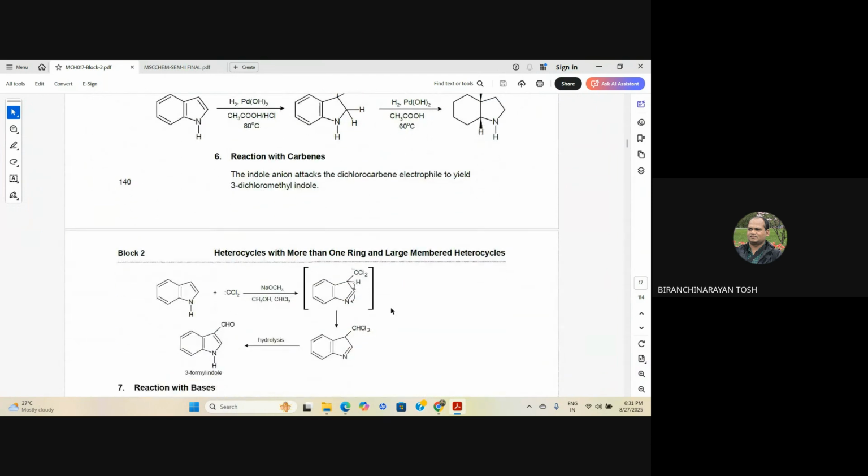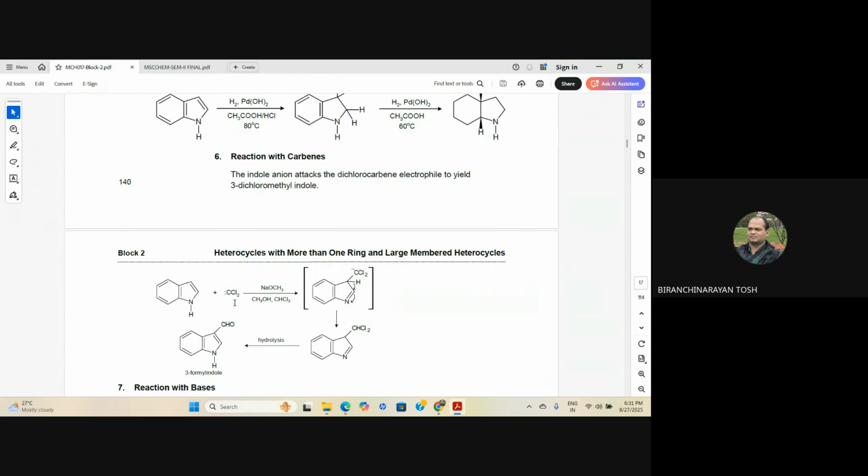Reaction with carbenes. The indole anion attacks the dichlorocarbene electrophile to yield a 3-dichloromethyl indole. So carbene, dichlorocarbene we have taken, CCl2. So again, electrophilic substitution. So what will happen?